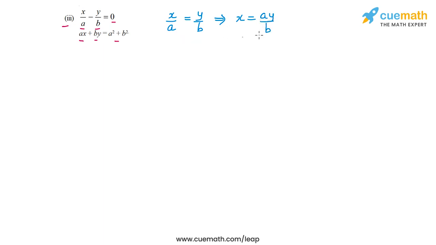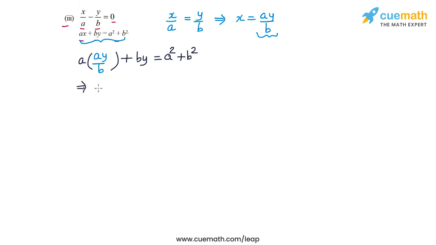Now I'm going to substitute this value of x into the second equation. So the second equation is ax, and instead of x I'm going to write ay by b, plus by equal to a square plus b square.